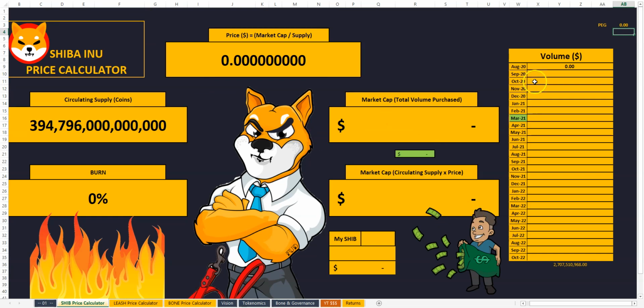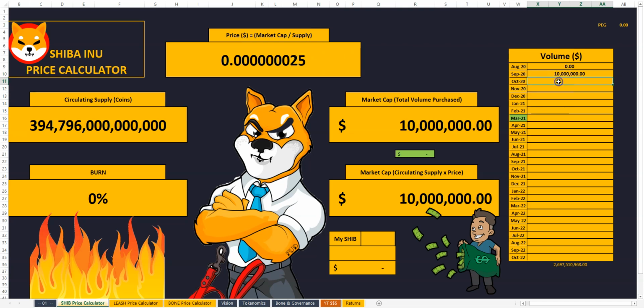Okay, so what we're going to do is put in some hypothetical numbers. Let's just say in September, 10 million was bought, which is not really true, but our price goes up to 25 Satoshi units.